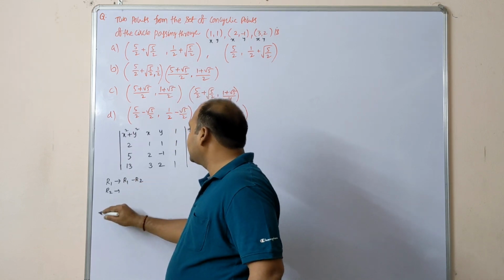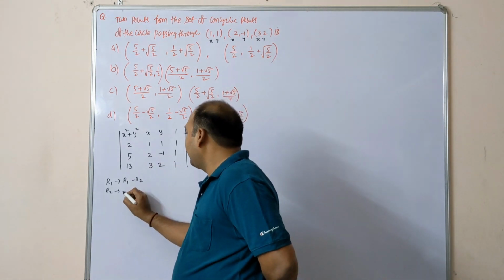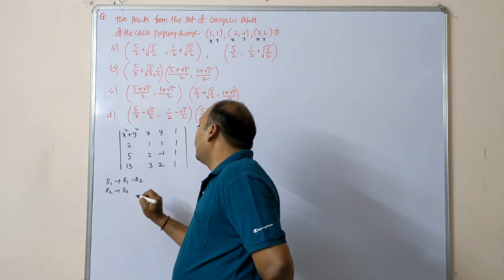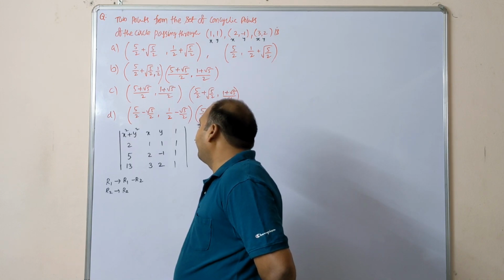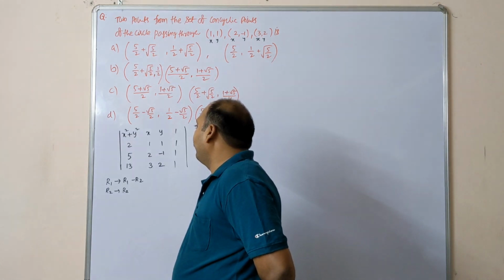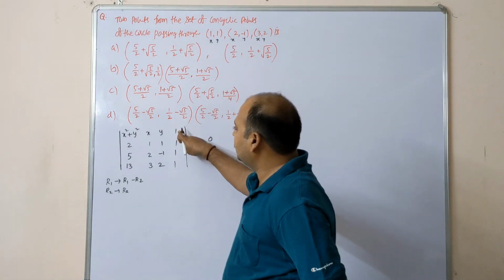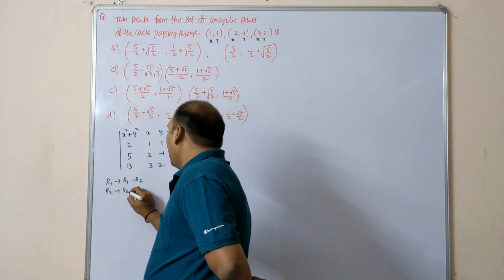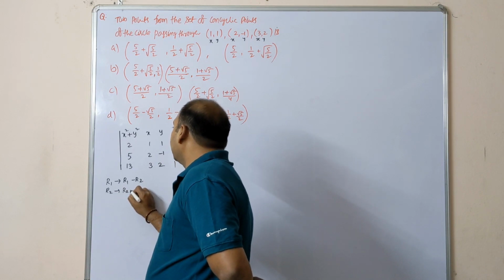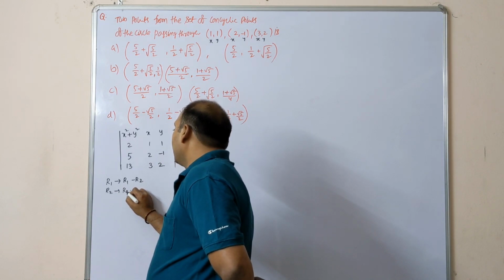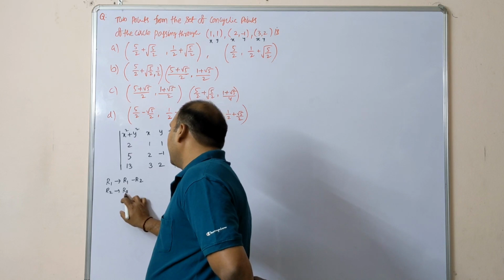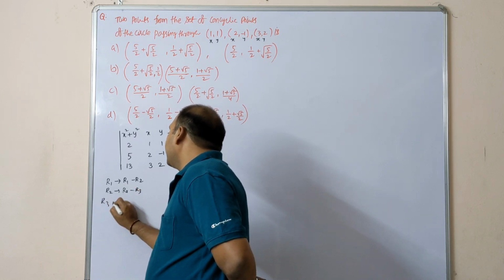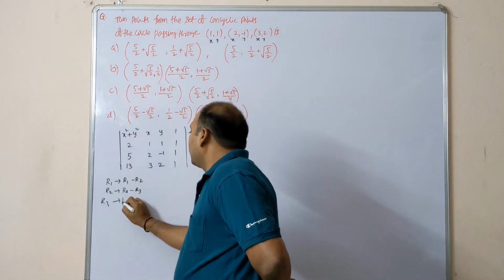Next, R2 tends to R2 minus R3. Next, R3 tends to R3 minus R4.